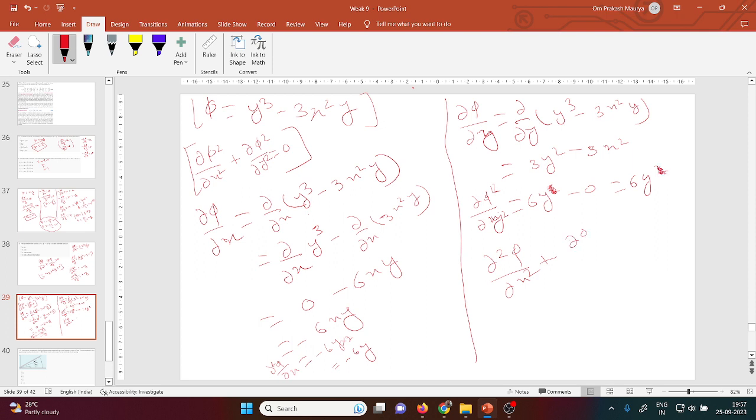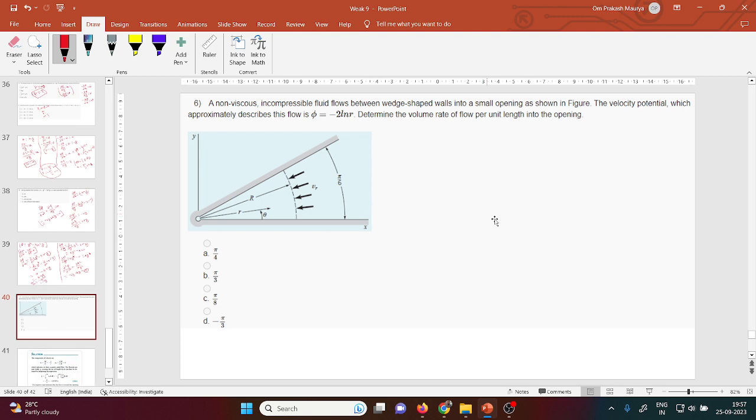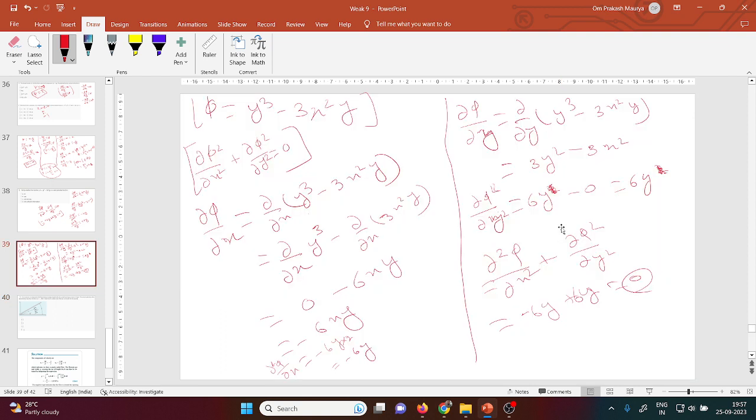Okay, so if you put it here, what you get is 6y minus 6y, and this one is plus 6y, so it will be 0. So this is the concept. One very important question. If you want to take a screenshot, you take a screenshot of this.